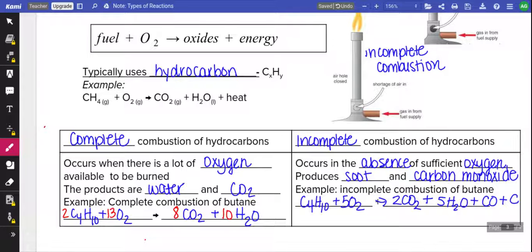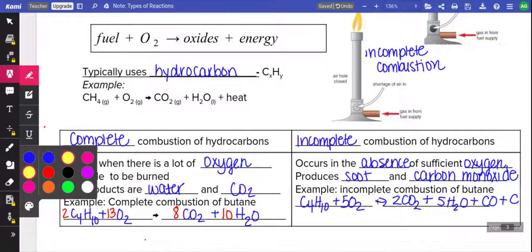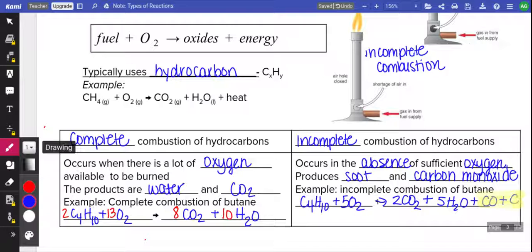These final products are the issue with incomplete combustion. It's these two, the carbon monoxide and the soot. We don't really want those as products. We would much rather have carbon dioxide. So that is incomplete and complete combustion.